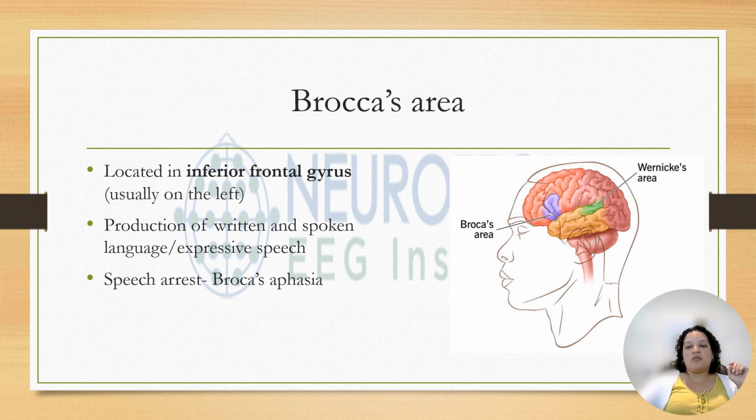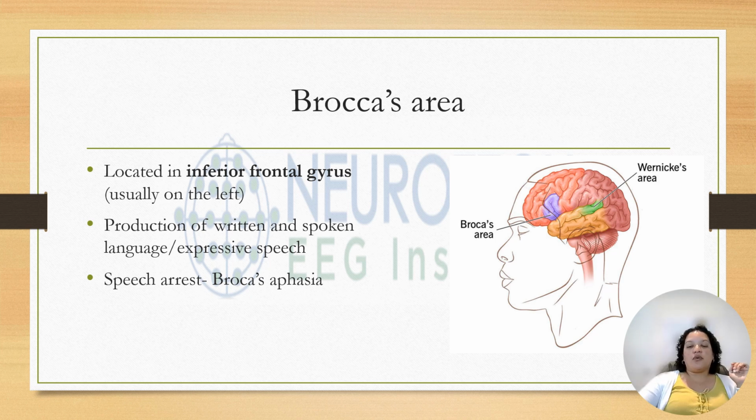How do we know it's mostly in the left? It's because most of our patients and the population is right-handed, and that indicates that the dominant side is the left. So Wernicke's and Broca's areas are usually going to be on the left.